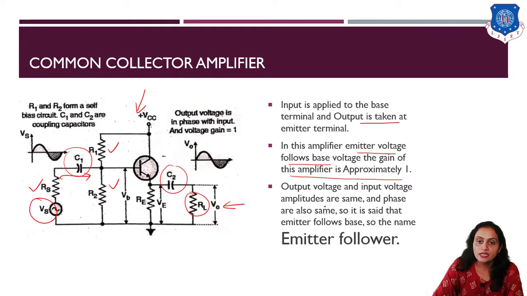So it is said that the emitter is following the base. That's why another name for this common collector amplifier is emitter follower. This amplifier does not provide any gain, but it is used practically for impedance matching because it provides very high input resistance and very small output resistance.